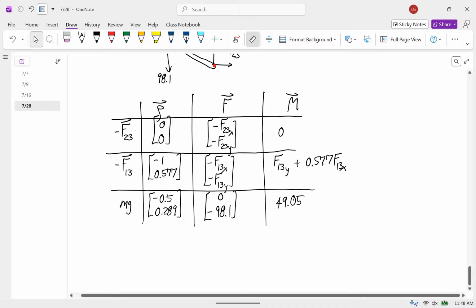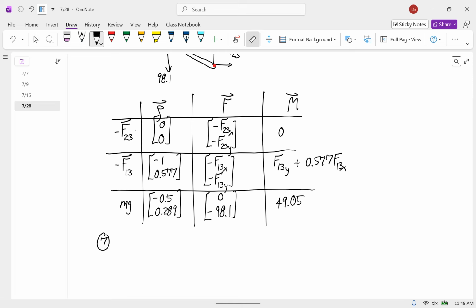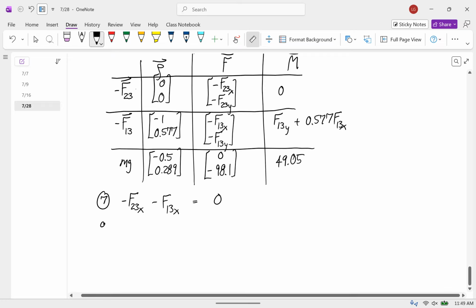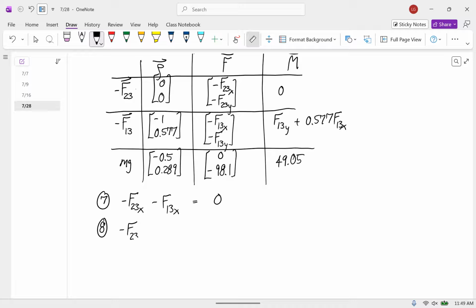We have 6 equations so far. So the 7th equation is the x components of Newton's second law. Negative F23x minus F13x is equal to 0. Then the y component of Newton's second law, negative F23y minus F13y is equal to positive 98.1.